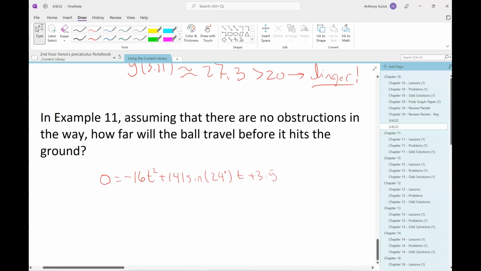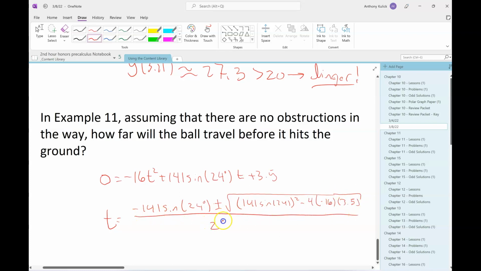So there's my equation that I'm solving. How do I solve something like this? Quadratic formula, right? Negative b plus or minus the square root of b squared minus 4ac, divided by 2 times a.